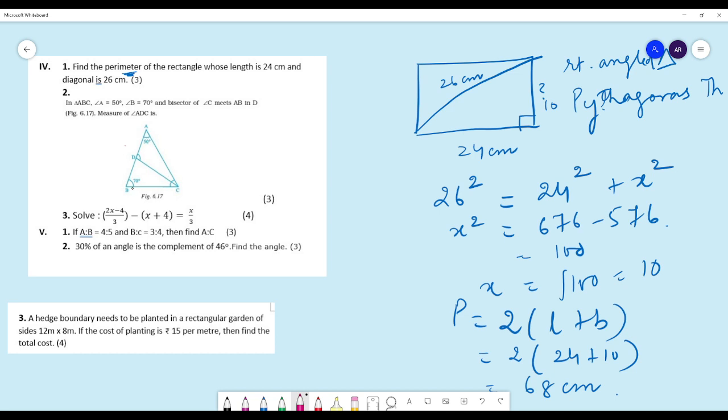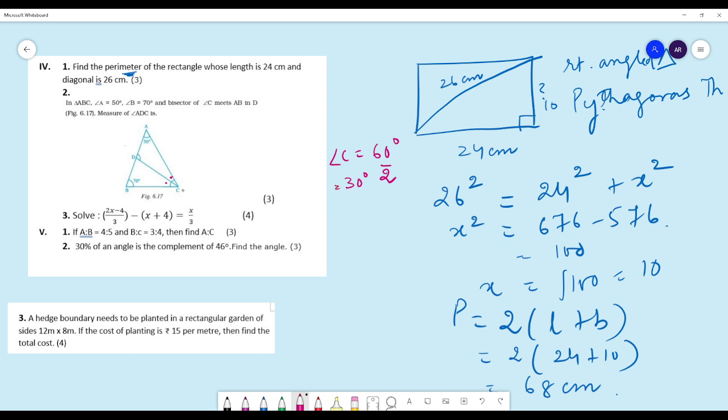So if this is 50, this is 70, together they are 120. So angle C becomes 60 degrees. So that means each of these angles become 30 degrees each. 60 degrees divided by 2, it becomes 30 degrees, right?